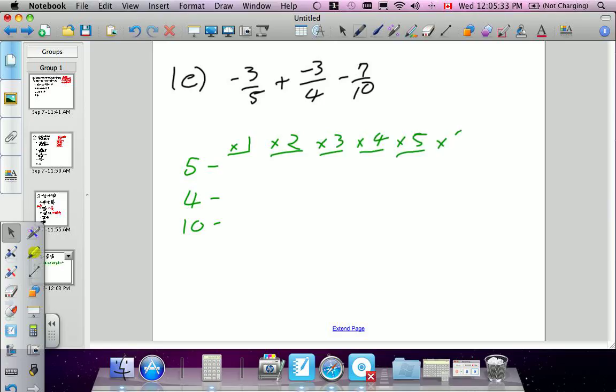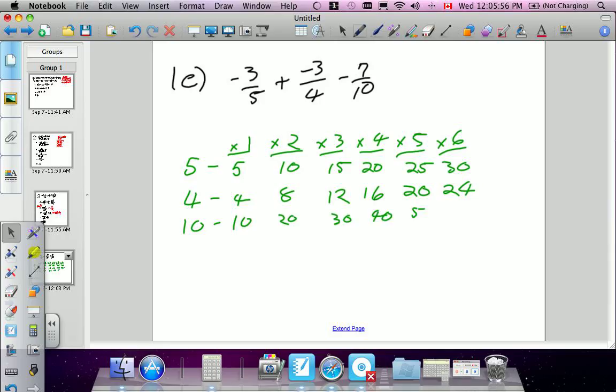So I'm just going up in order, okay? So I'm writing out all the multiples of 5. 5 times 1 is 5, 10, 15, 20, 25, and 30. Multiples of 4: 4, 8, 12, 16, 20, and 24. Multiples of 10: 10, 20, 30.